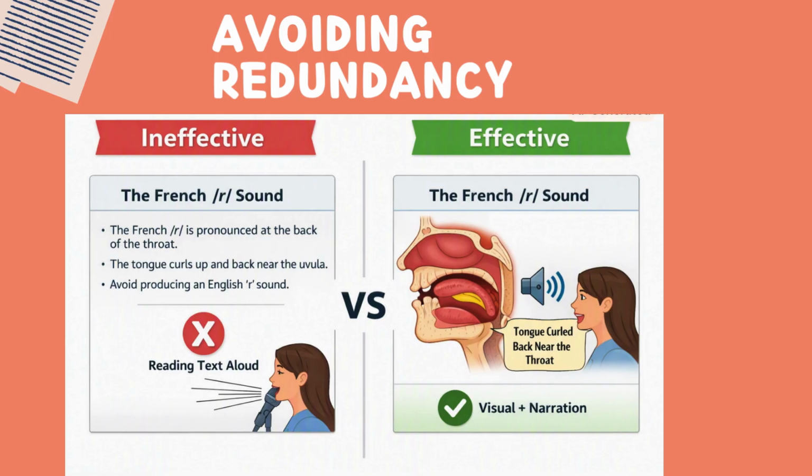That is an ineffective way to go about teaching. The effective way to avoid redundancy would be to show a mouth diagram with a speaker icon. So combining this visual and the narration will engage both visual and auditory channels efficiently.